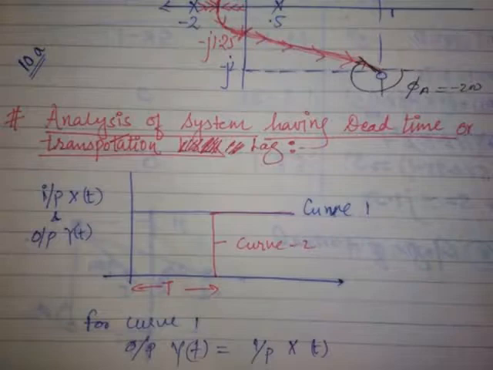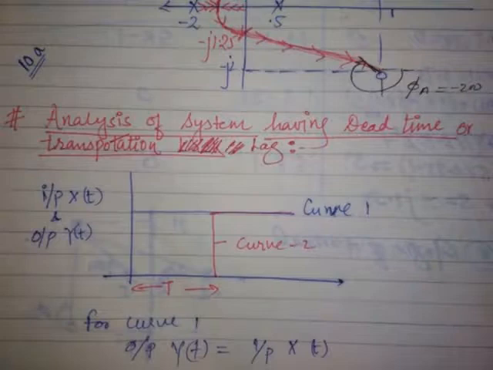This itself is the output, so the output also begins at the same instant of time. I am calling this curve 1. For curve 1, output y of t is the same as input x of t, because this black line itself represents input and output.